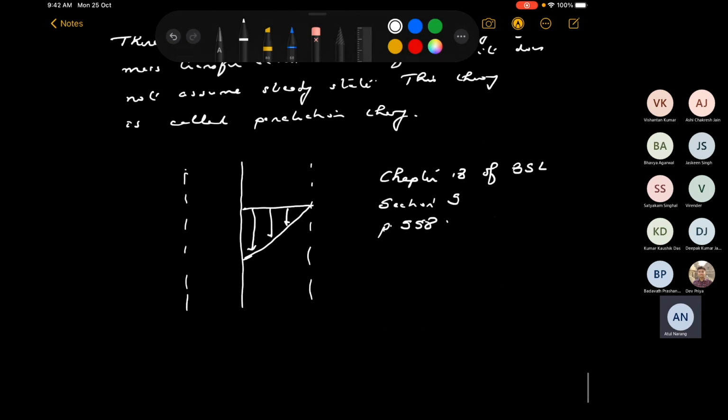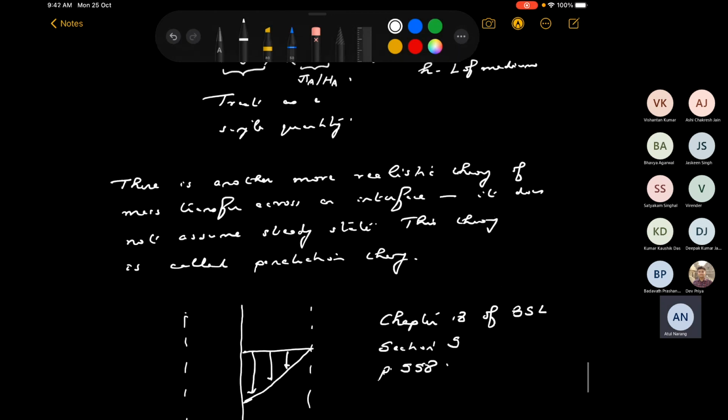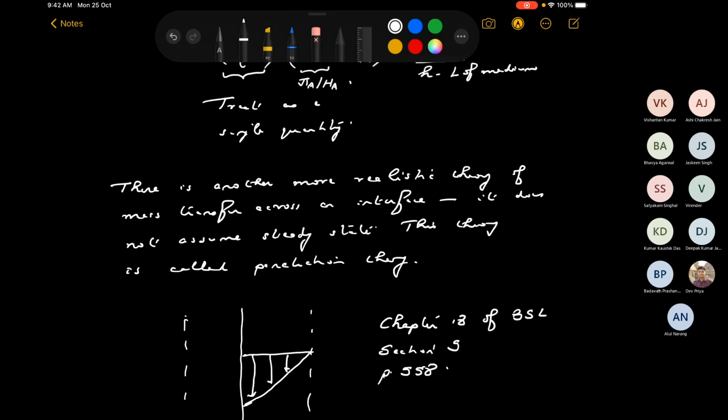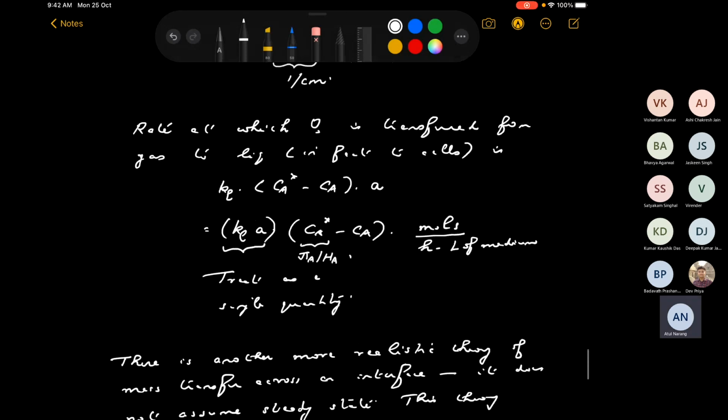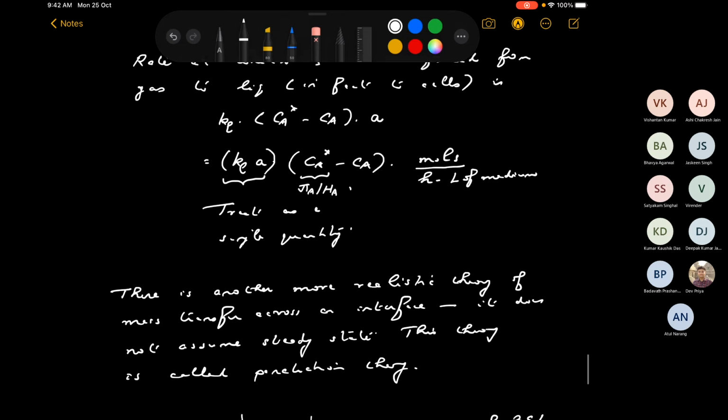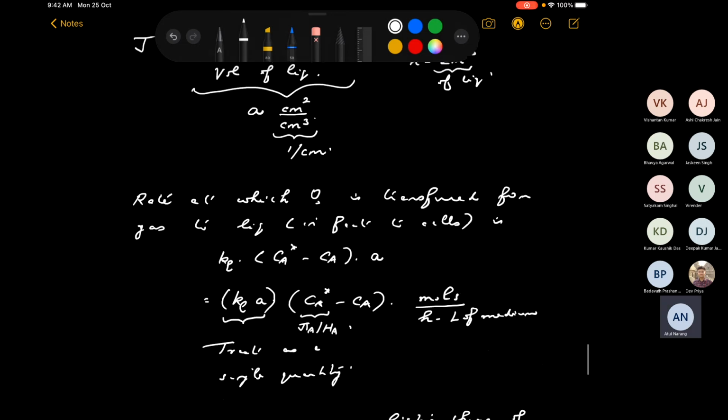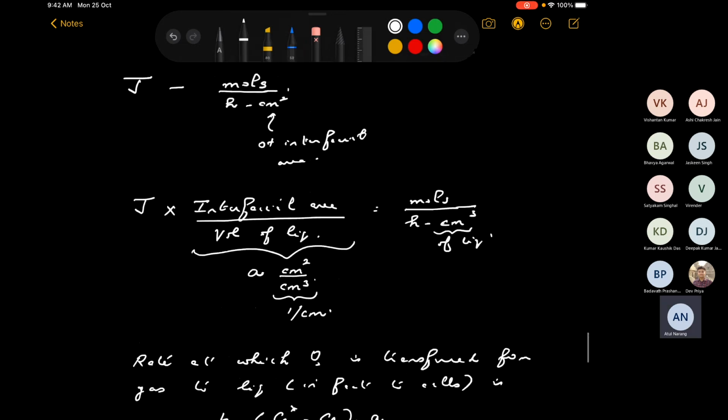So then I went on to say that this is not the only model. In more advanced studies there is a better model, even though the film theory is the most commonly used.